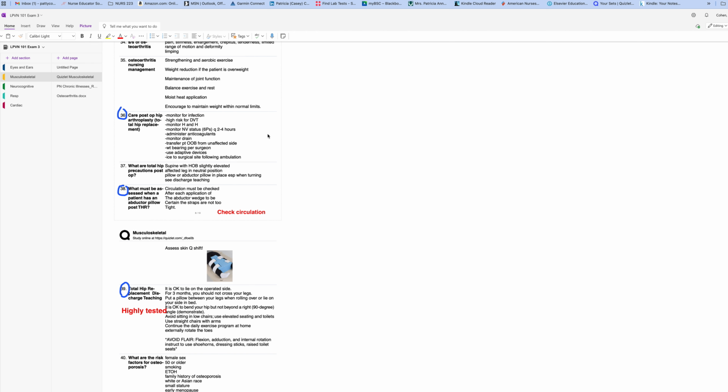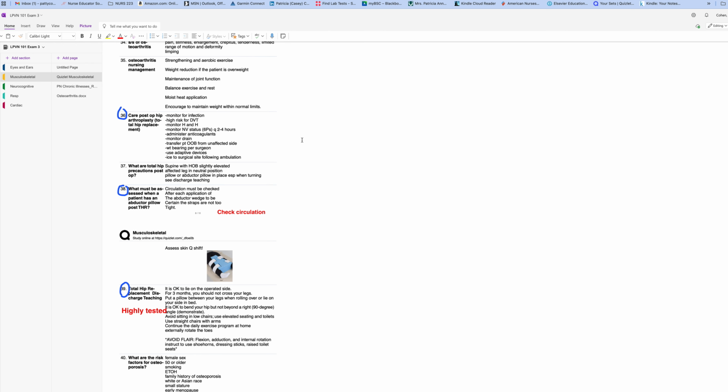And also in bed, they should not adduct their leg, okay? Circulation must be checked after each application of the abductor wedge. Make sure the straps are not too tight because it could decrease their circulation. And you want to make sure you're assessing their skin every 8 hours, but probably more frequently.